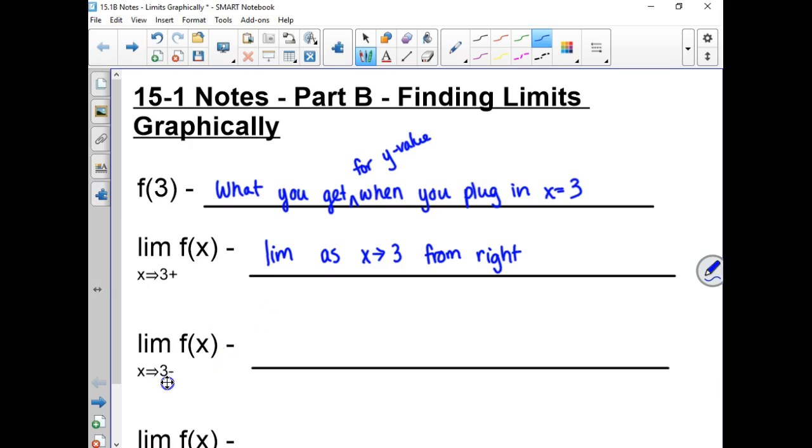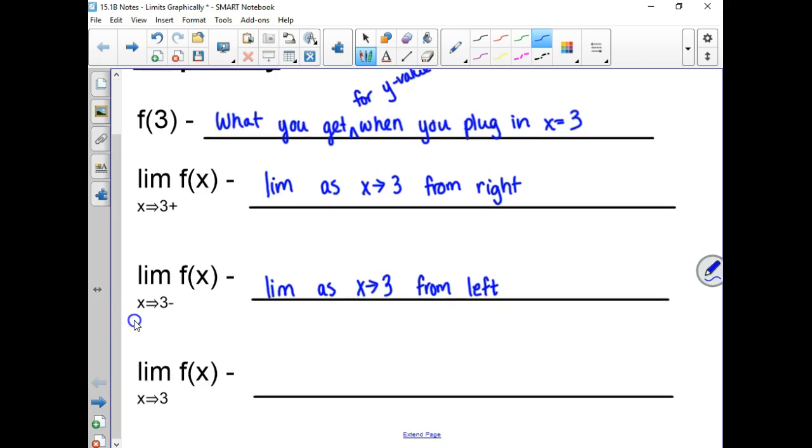If we see a negative behind the 3 instead, that's going to be the limit as x approaches 3 from the left. Okay, so if we see the little plus sign behind the 3, that's from the right. If we see the little minus sign behind the 3, that's from the left.